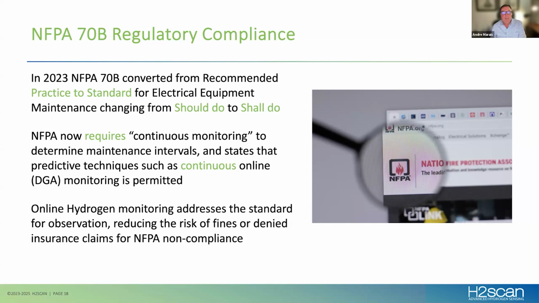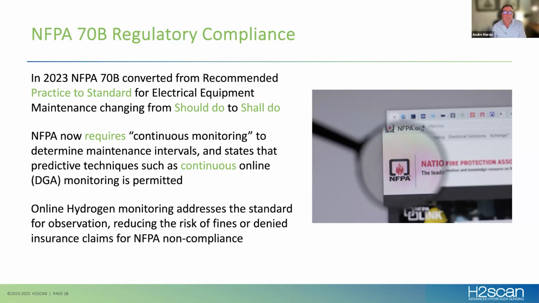It doesn't mean online, but it's continuous monitoring to determine the maintenance levels for the maintenance that's still required. But what it does state as well is that predictive techniques such as continuous online monitoring is permitted. So using your continuous online monitoring to dynamically adjust and set your maintenance windows is permitted within NFPA 70B.